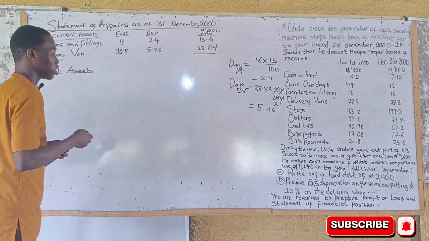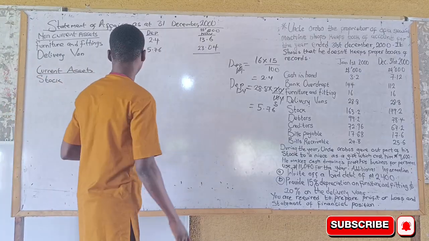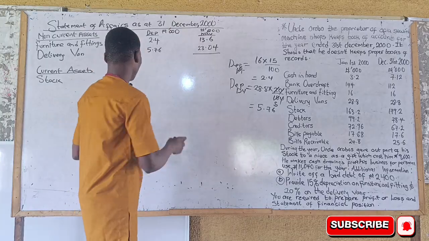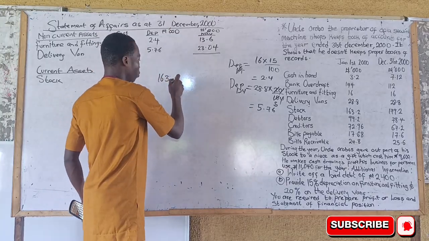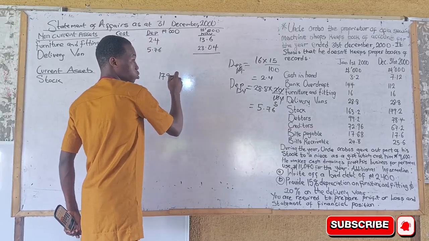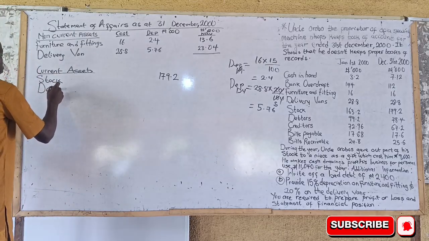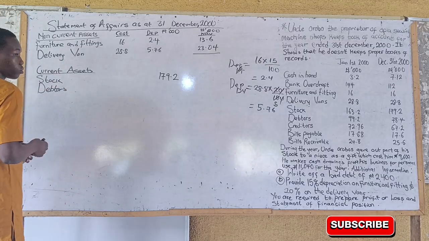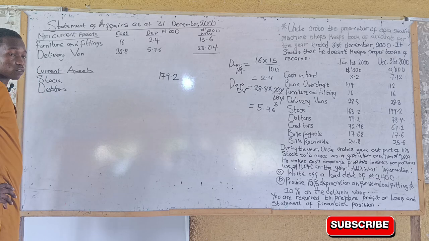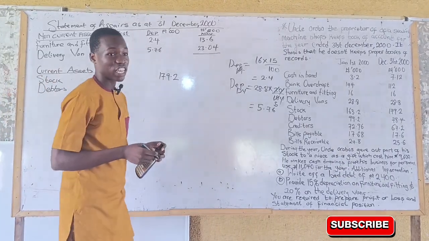For the current assets, starting with stock. So stock at the end is 169.2. Then debtors at the end is 78.4.